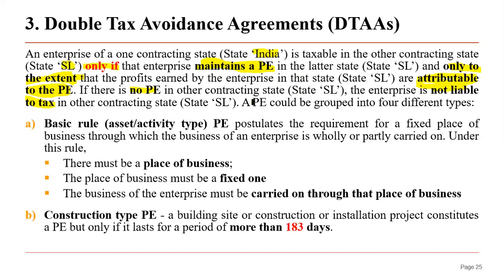Then a PE could be grouped into 4 different types. The first one is the basic rule. What is the basic rule? We call it the asset or activity type.